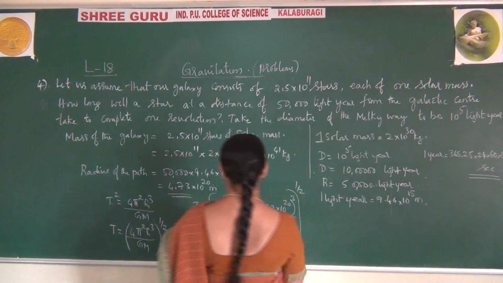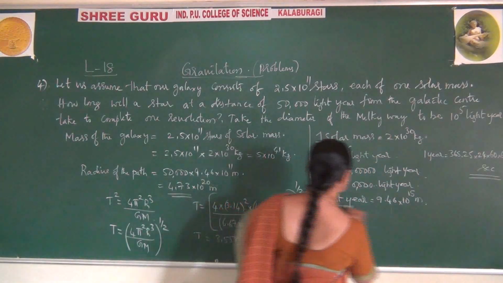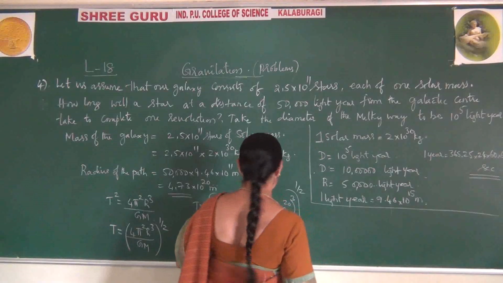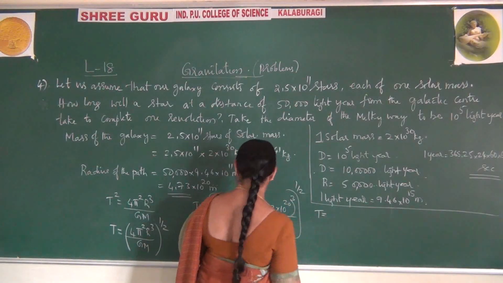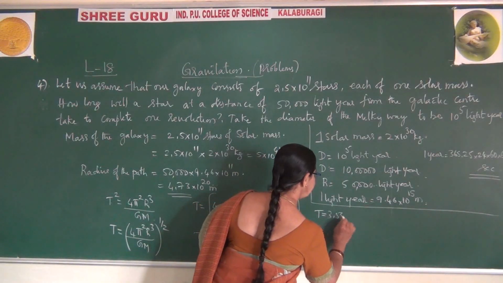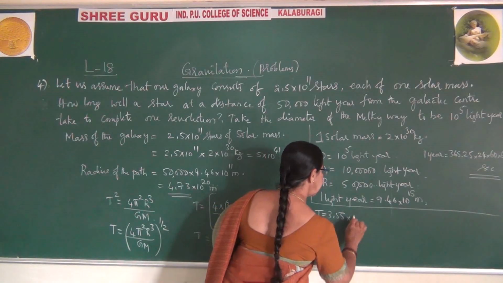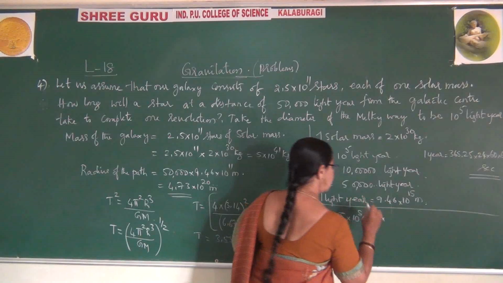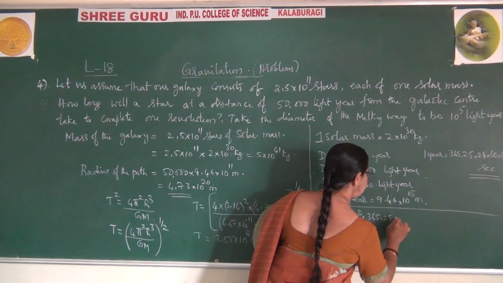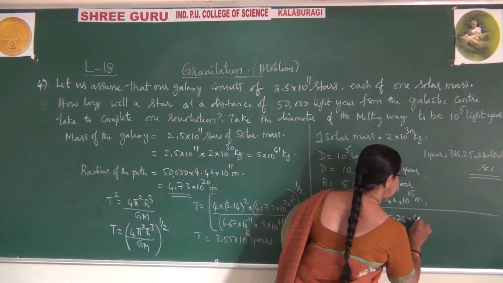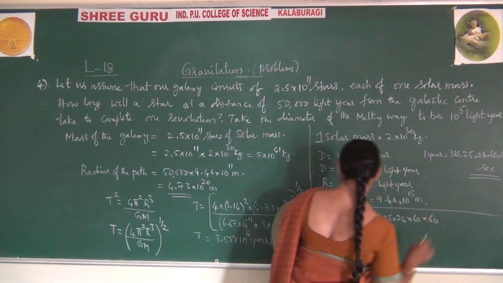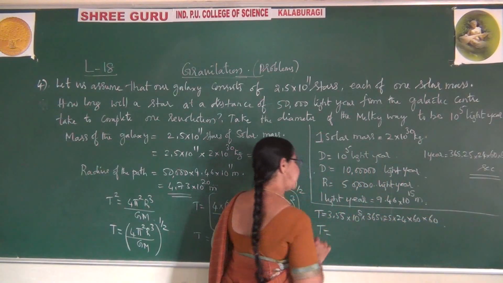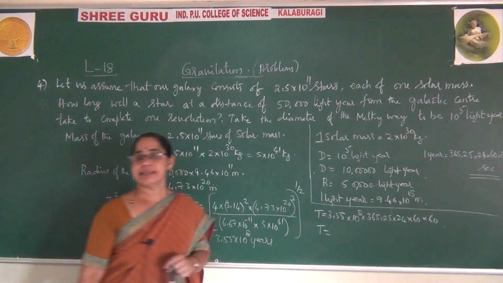So let me write this now. It is in years; it is now in seconds. 3.55 into 10 raised to 8 into 365.25 into 24 into 60 into 60. If you multiply, you get the complete answer in seconds.